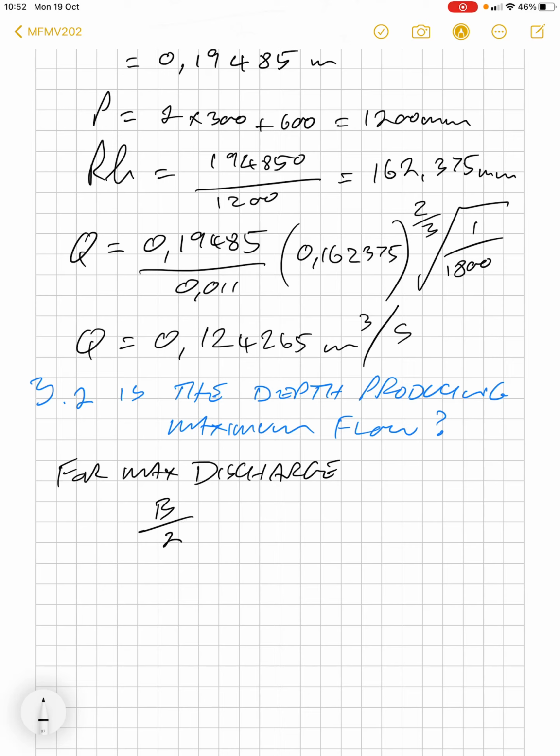in a trapezoidal section, we have b/2 plus nd is equal to d times the square root of n squared plus 1.